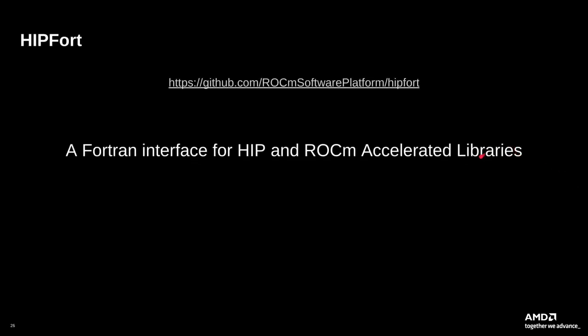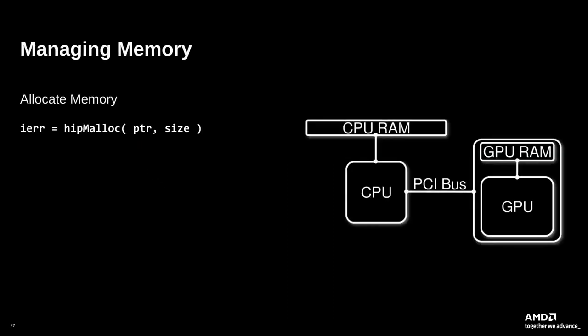Hipfort is a Fortran interface for HIP, as well as the ROCm accelerated libraries. Much like HIP, we have a similar API for allocating memory and copying memory. We still have hipMalloc, which takes in a pointer and then the amount of memory that you want to malloc.